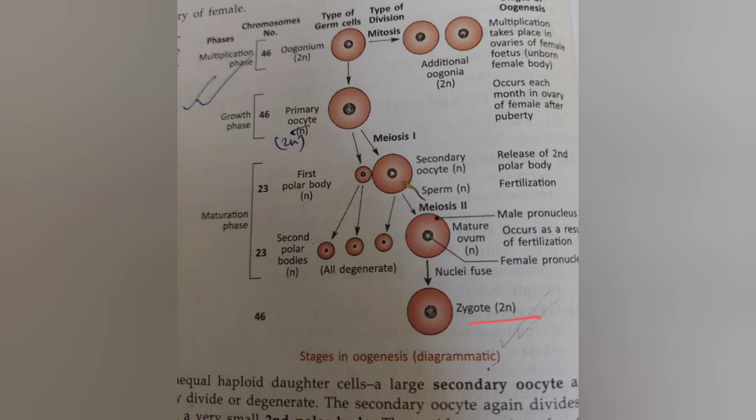Along with these flowcharts, you will have to mention 2n or n, and along with the name of the phases, whether it is the multiplication phase, the growth phase or the maturation phase. Along with that, the type of division, that means mitosis, meiosis 1 or meiosis 2. So all these things you will have to mention, and then only you will get full marks in that question.